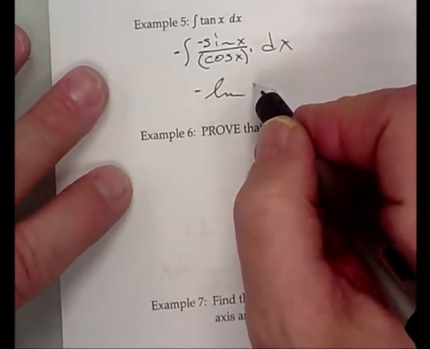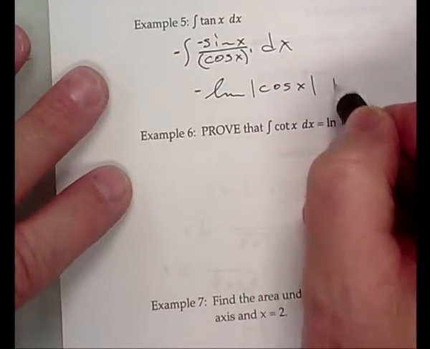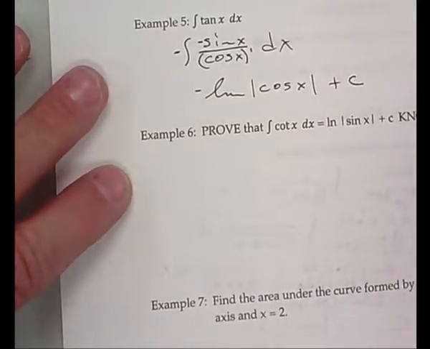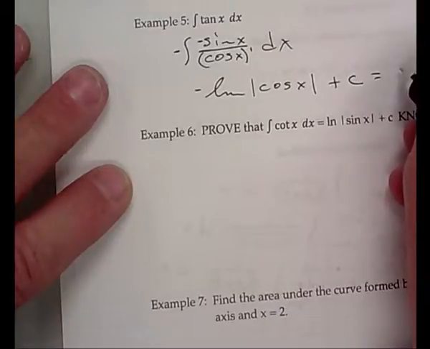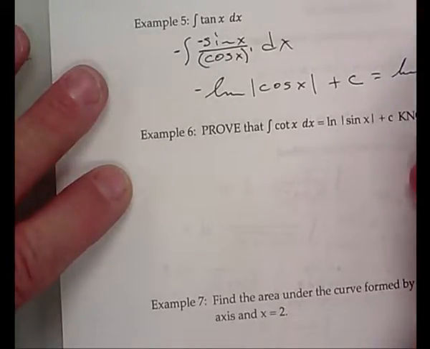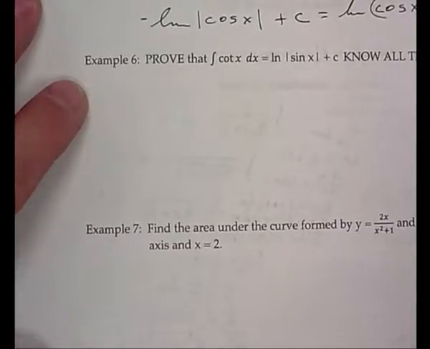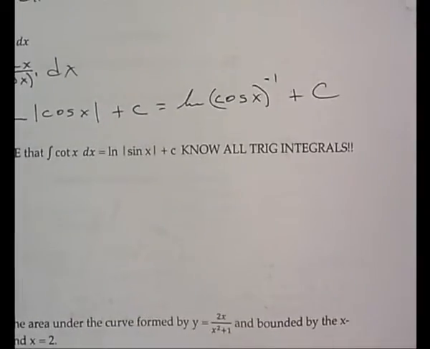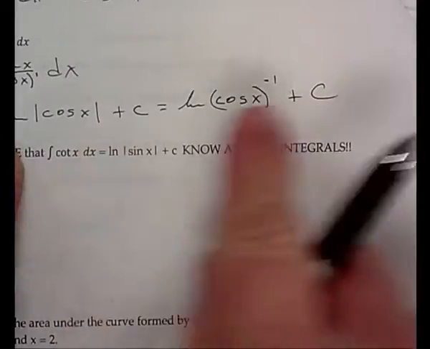Negative natural log of cosine x plus c, which is the same as the natural log of the cosine of x to the negative 1 power plus c. Correct? So this is correct.